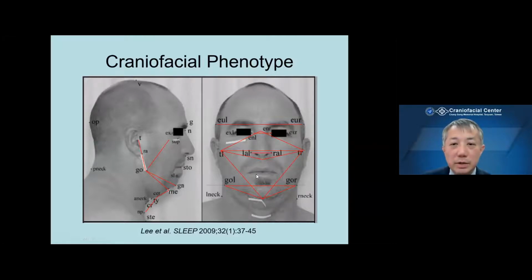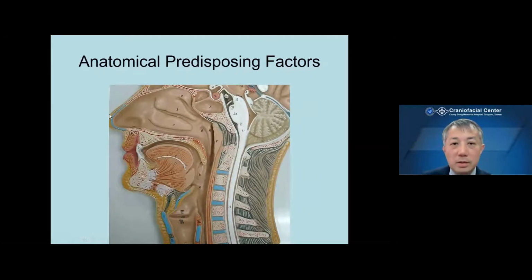Usually you can see the narrow face, especially over the middle and lower third, and basically the vertical and horizontal growth of those patients is poor. So all the anatomical predisposing factors should be considered, including the soft tissues and eventually the tonsil.